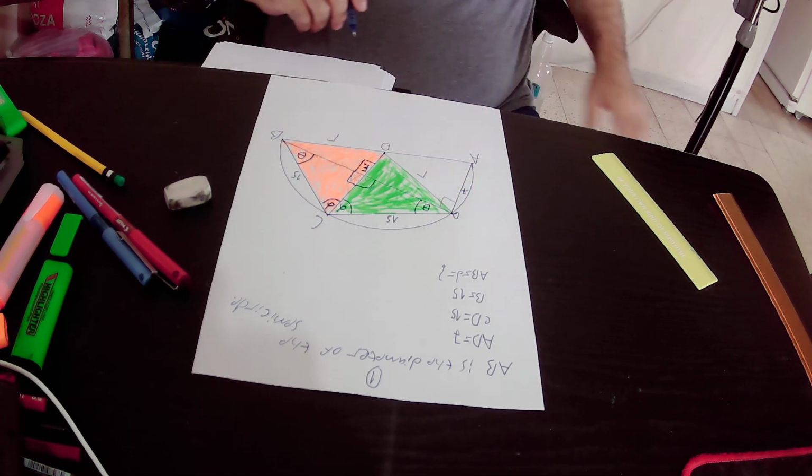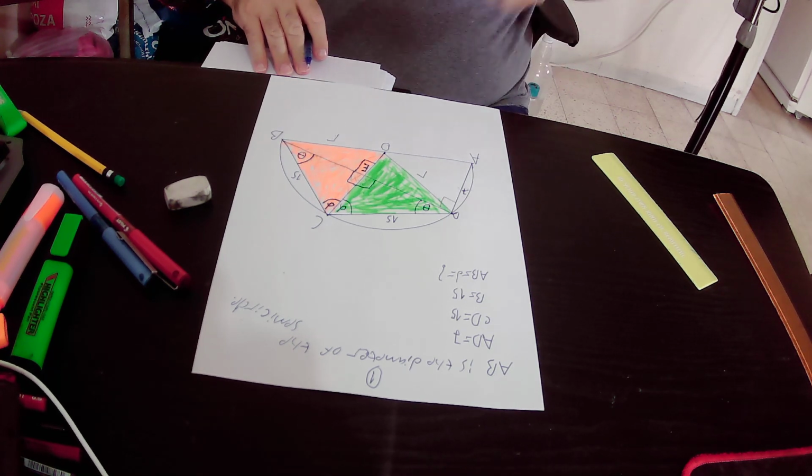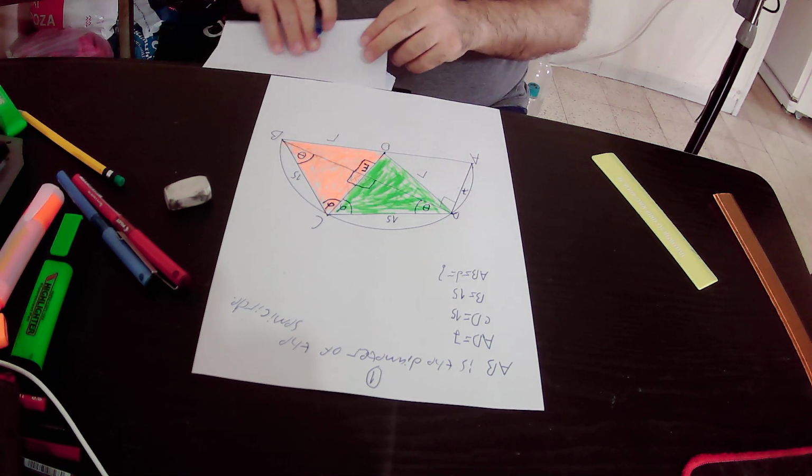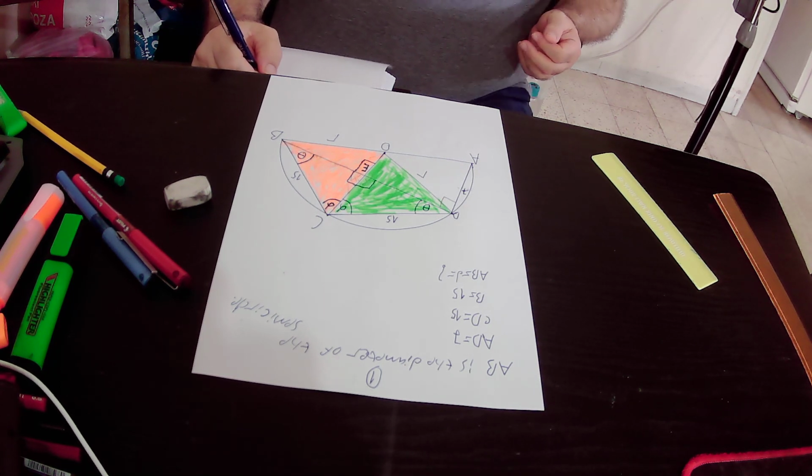Okay, so around point E we have 3 right angles, 1, 2, 3, and the sum of those 3 right angles is 270 degrees.